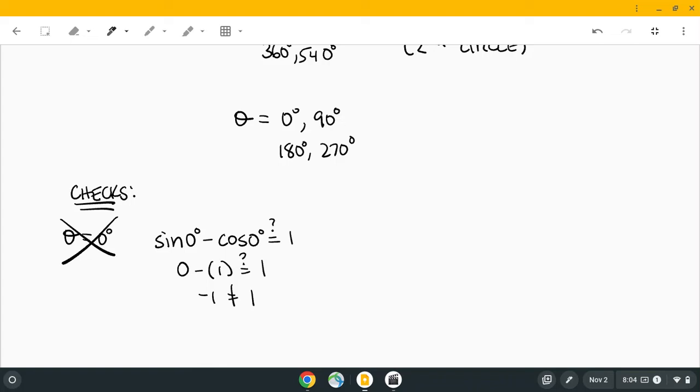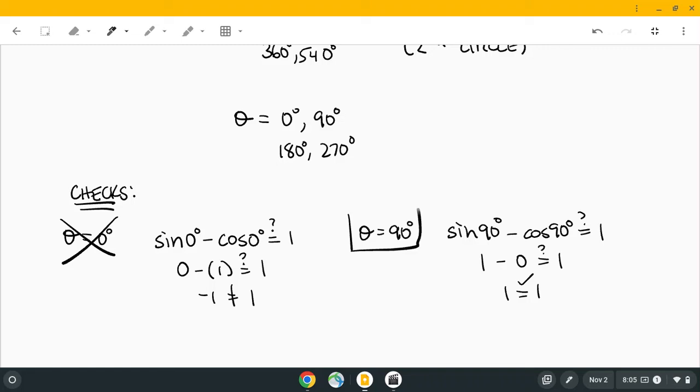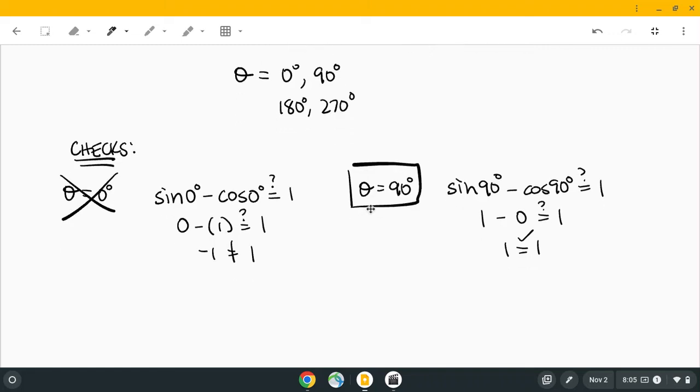All right, let's try 90. All right, so sine of 90 degrees minus cosine 90 degrees. Does this equal 1? Sine of 90 degrees is 1. Cosine of 90 degrees is 0. So does this equal 1? It sure does. Okay, so 90 degrees is one of our answers.